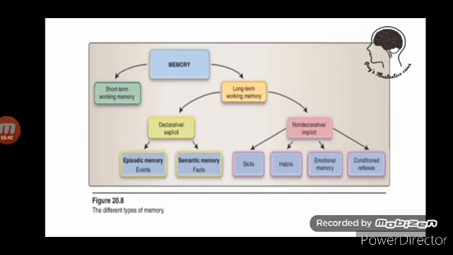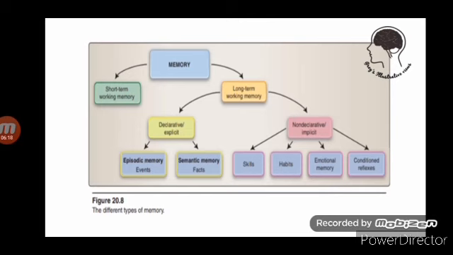Episodic memory is encoded by the hippocampus and medial temporal cortex plus some of the neocortex. Today's discussion is about the hippocampus, so the main focus will be episodic memory, a type of declarative memory.